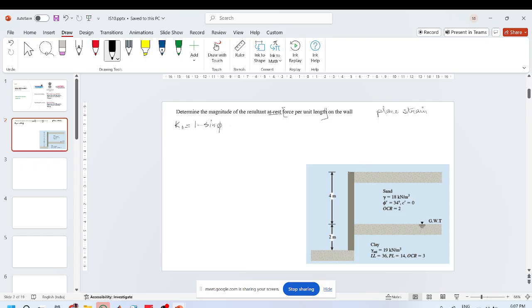That is, let the problem, see, the wall will be long in this direction, it will extend like this. What we do is we take a section of this problem, and basically plane strain condition.